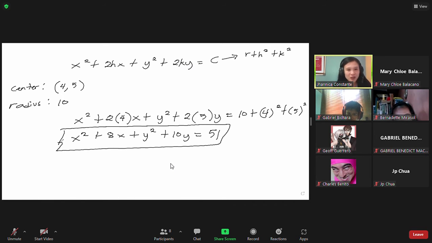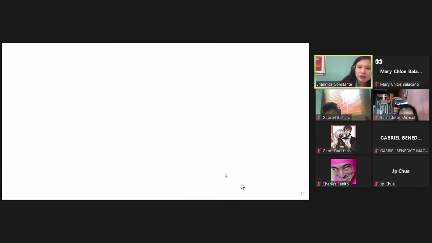Okay, now with this one. So let's proceed in identifying if the given point is on the circle, outside of the circle, or in the circle.